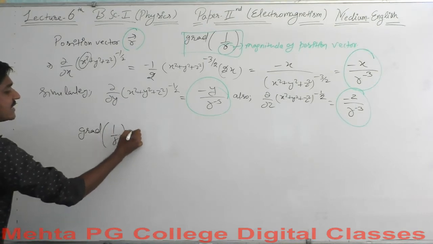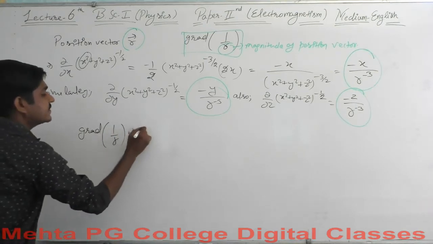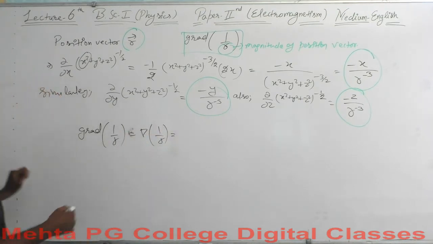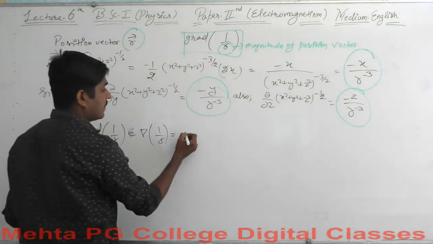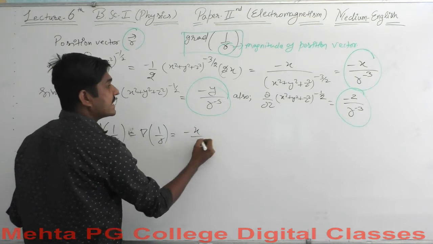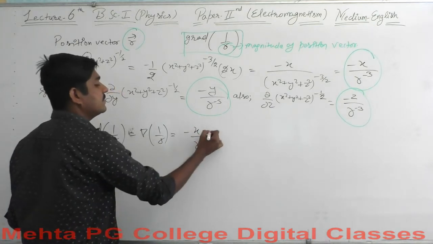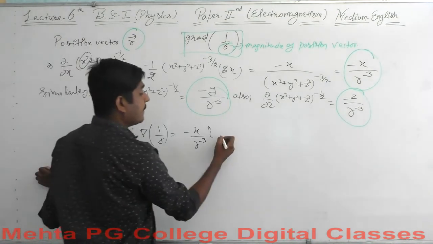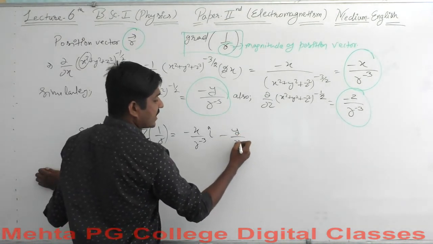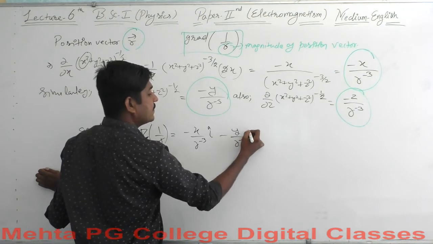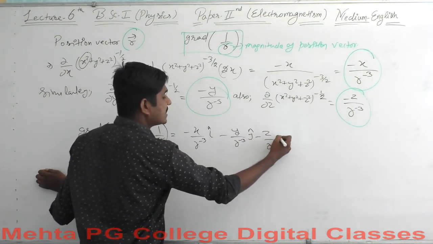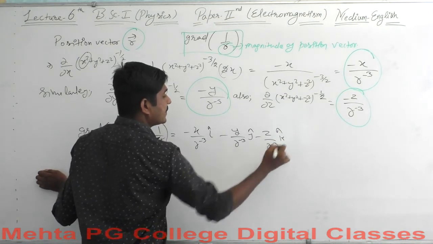for 1 over r, or in simple words you can say del operator 1 over r will equal minus x r raised to power minus 3 i cap, minus y over r raised to power minus 3 j cap, minus z over r raised to power minus 3 k cap.